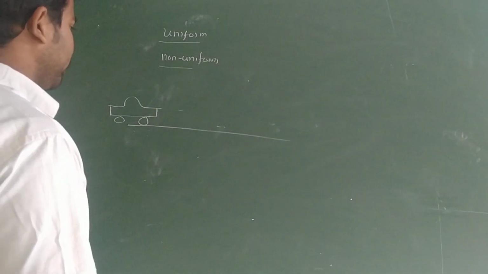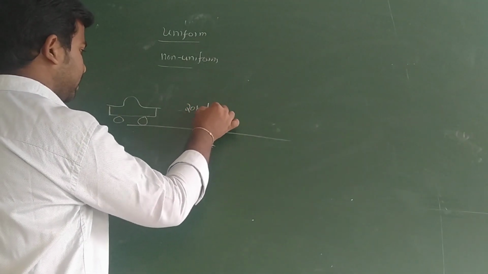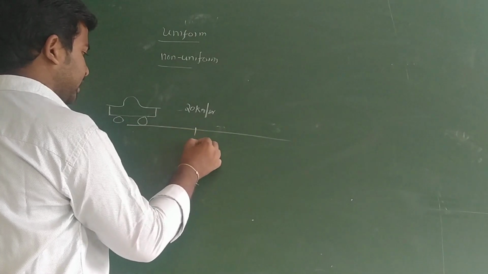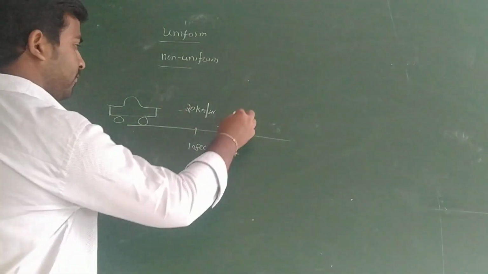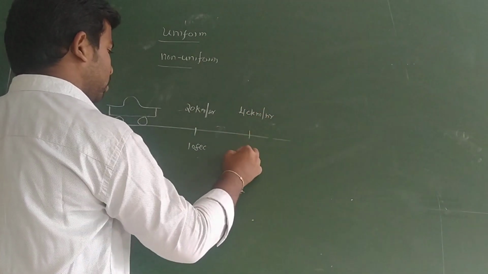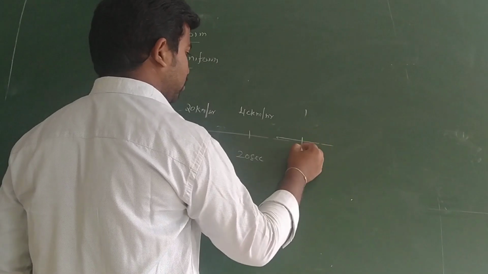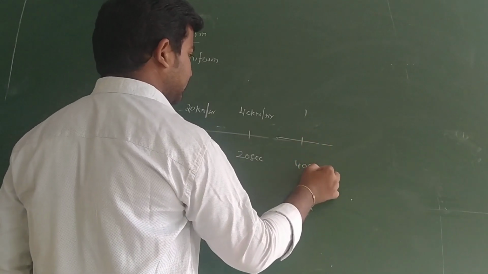This car is moving at 20 km per hour for 10 seconds, and at 40 km per hour for 20 seconds, and at 60 km per hour for 40 seconds.